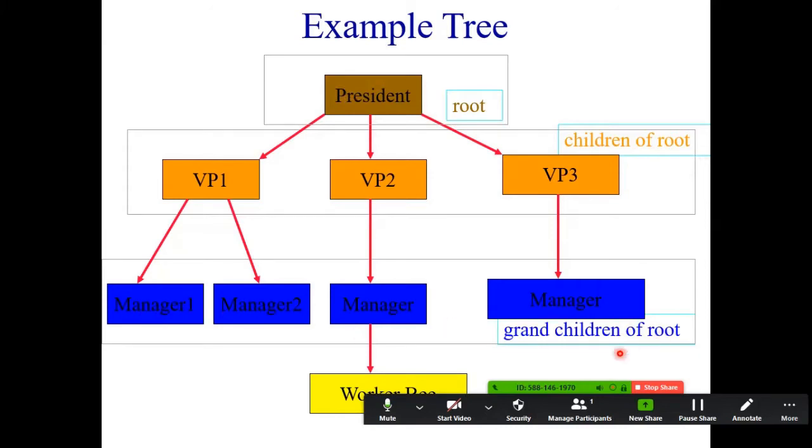The managers are children of the vice presidents, and grandchildren of the root. A worker bee is a great grandchild of the president. A worker bee is a child of a manager, and a grandchild of VP2. This is how we can represent it.